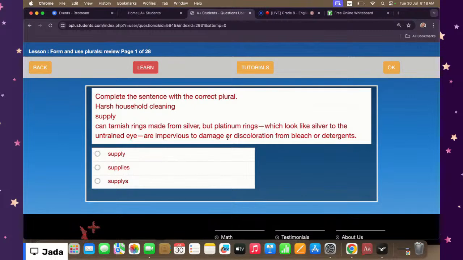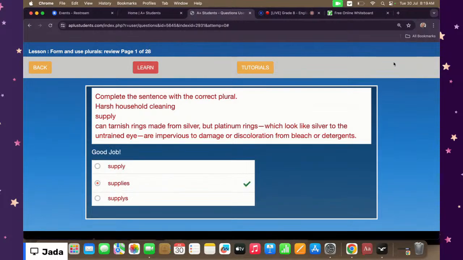Many are made from silver and platinum rings, which look like silver to the untrained eye and are prone to damage or discoloration from bleach or detergent. So, household cleaning supplies: the Y you change to I, then ES.